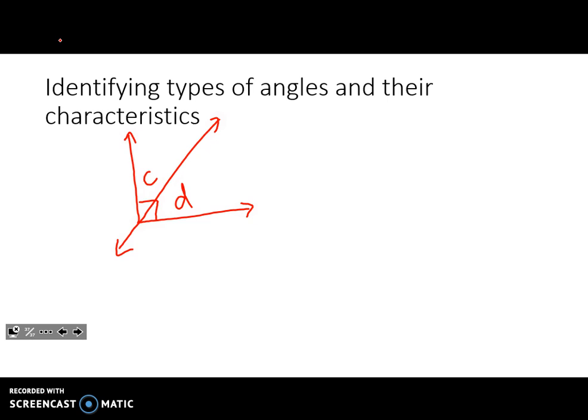You might have a problem that looks like this. Okay, examples.